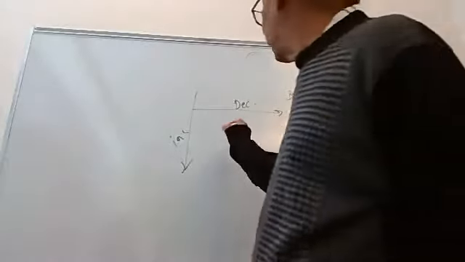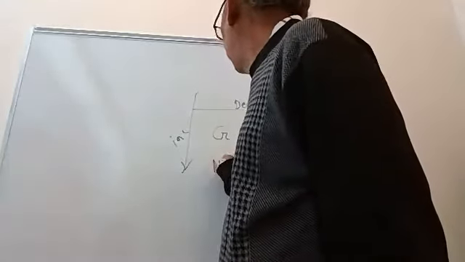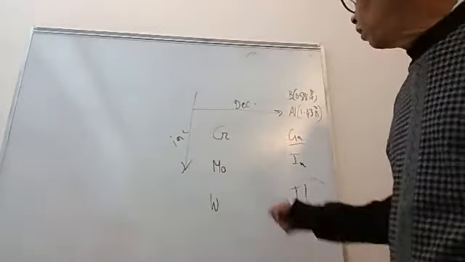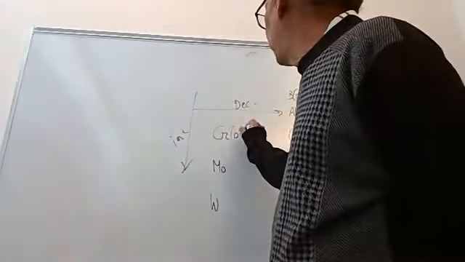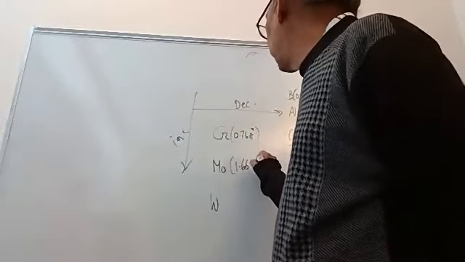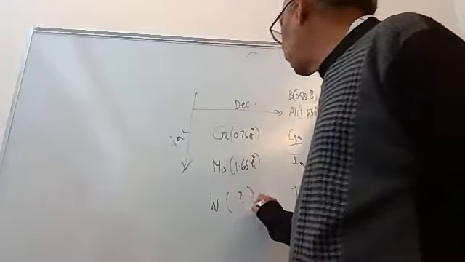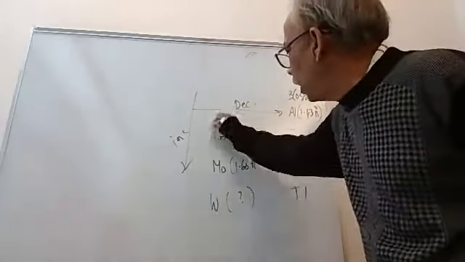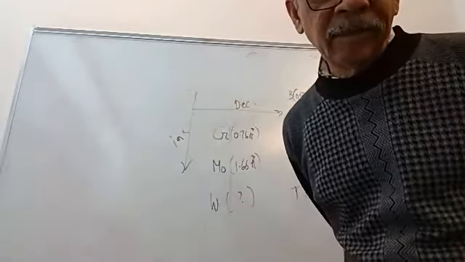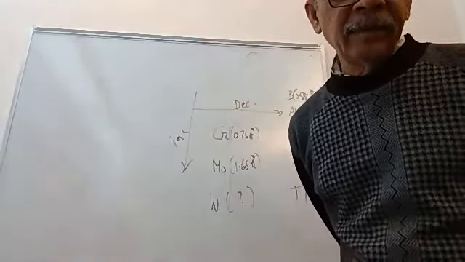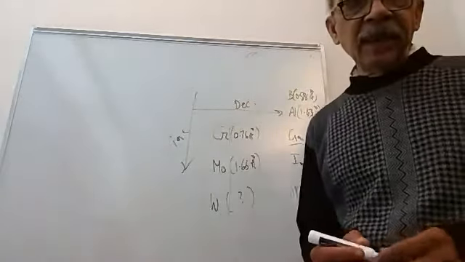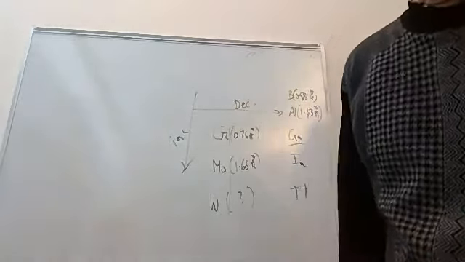If I have chromium, molybdenum, and tungsten, chromium is about 0.76 angstroms, and molybdenum is 1.66 angstroms. So what should be the size of tungsten then? They are in the same group. What do you expect the gallium to be? Bigger, smaller, or the same size?